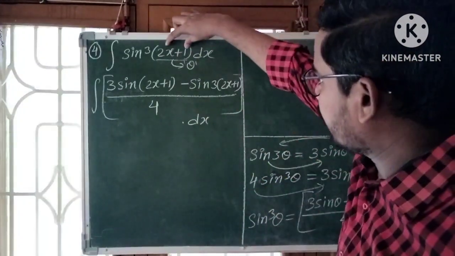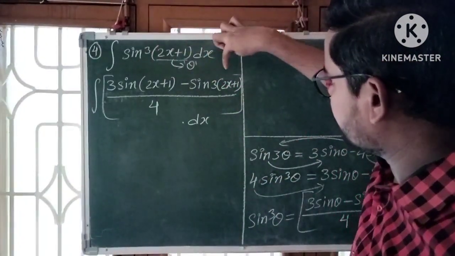So sine cube theta is equal to (3 sine theta minus sine 3 theta) by 4.